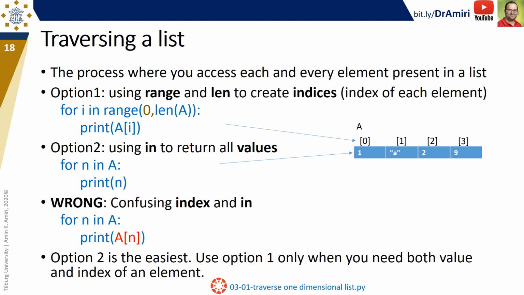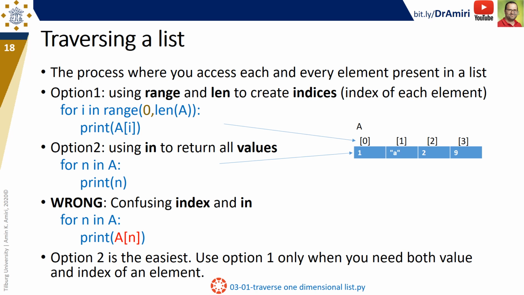So here you can see an example of a wrong code where you try to traverse the values, but when you want to access the element in the list, rather than using n, which is the current element's value, you would give n as an index that should be retrieved using brackets. So this is wrong. Keep that in mind.